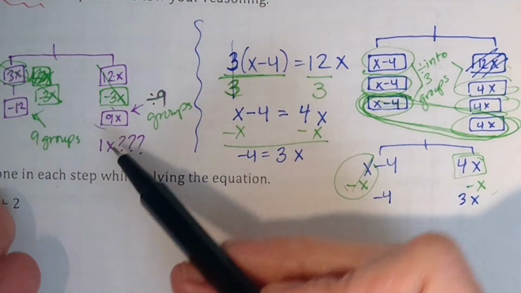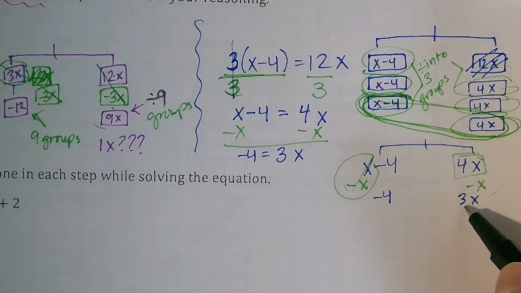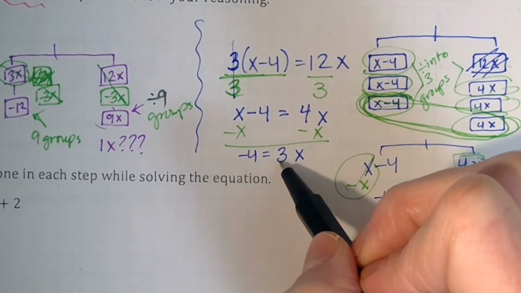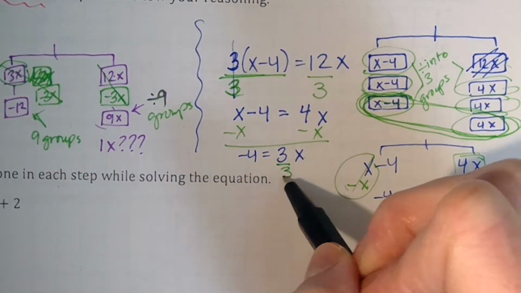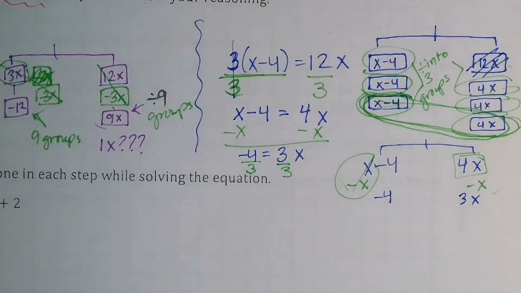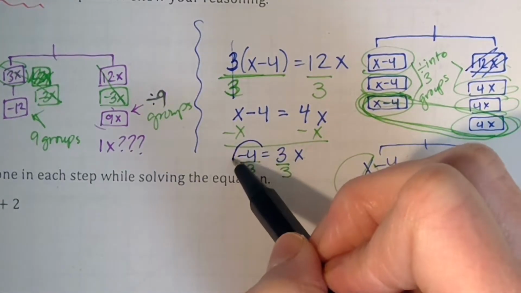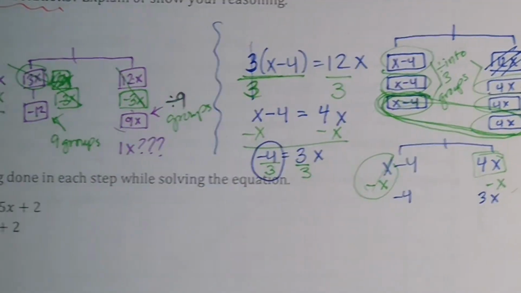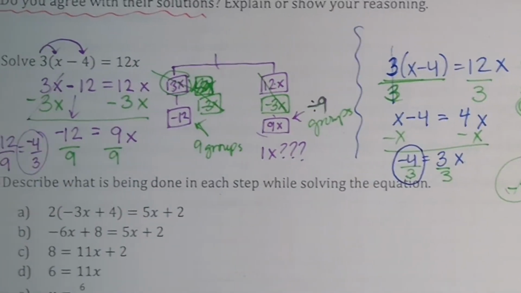Now, just like our other, if I have 3 x's, maybe you want to break these up into groups. 3 is multiplied by x, so I can divide it. And if you see, I got negative 4/3, just like we got on the other side.